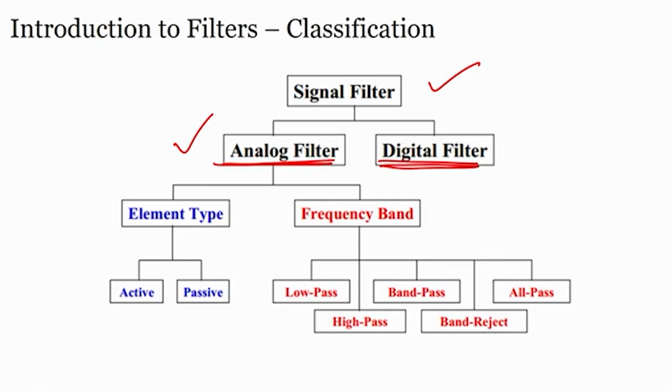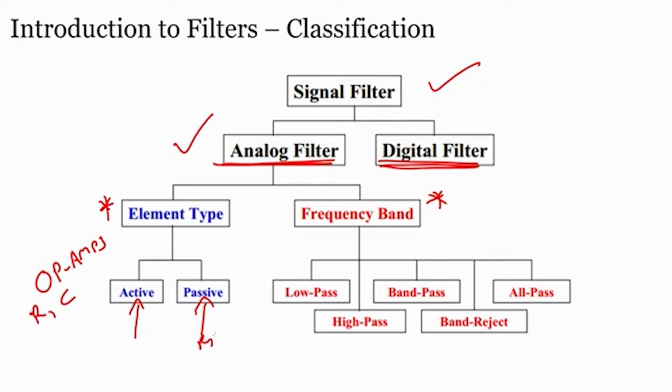If you talk about analog filters, further they are divided into two branches: element type and frequency band. Based on element type, either it is active or passive, because of the elements used. In active, we know the elements: op amps, resistors, capacitors.